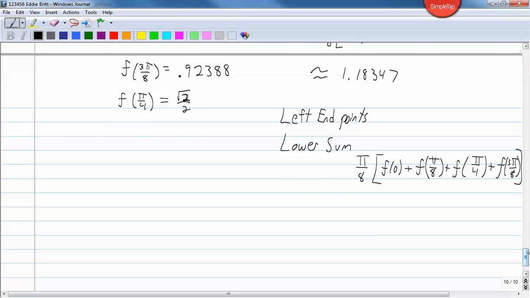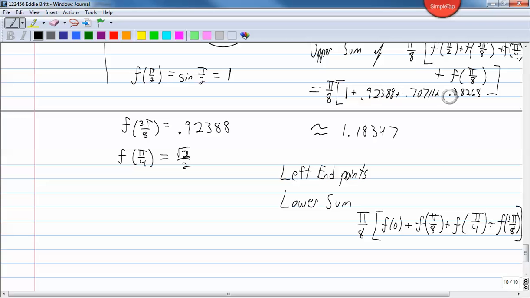Alright, I can use this work up here if you remember what they correspond to. This last one is pi over 8, this one's pi over 4, this one is 3 pi over 8. Alright, I just don't use the pi over 2. I do have to figure out what f of 0 is, so what's the sine of 0?